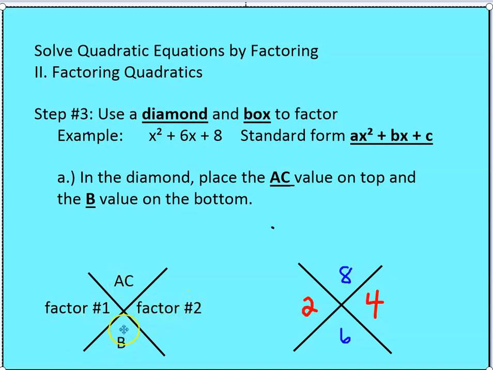So you're going to have to play around with it. I have 1 and 8 and 2 and 4. 1 and 8 do not add to 6, and it can also be plus or minus 1 or 8. And then 2 and 4. 2 and 4 add to 6. So those are the factors of A times C that add to B, and I'm going to put those factors here along with B at the bottom.